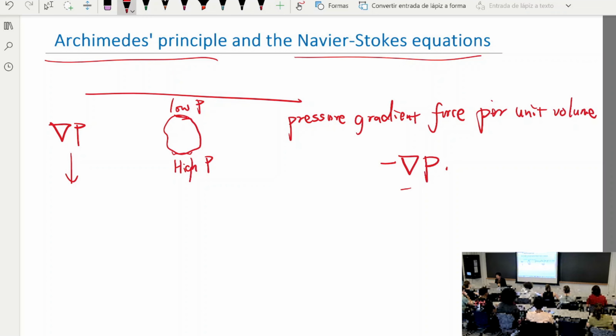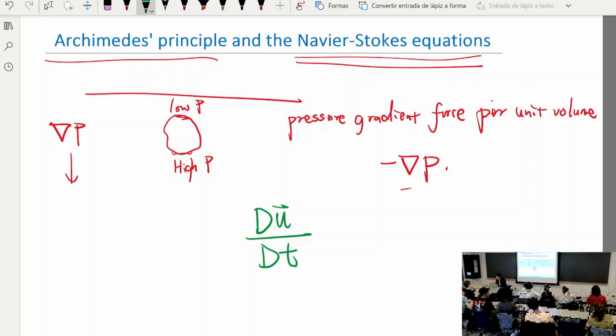So the Navier-Stokes equation is simply an extension of that force, lumping the pressure gradient force in with Newton's law. It says that the acceleration, du/dt, where velocity u is a vector, which is the time derivative of velocity of a fluid particle, is equal to the force, let me just say grad P times the volume of the particle, divided by the mass of that particle.